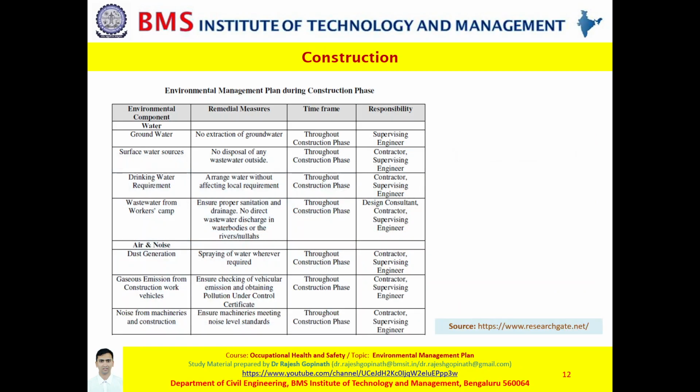So you can see a sample here wherein when I draft an environmental management plan for any activity, any industry, okay, during the construction phase, I have to make sure that I identify every component that could be impacted.